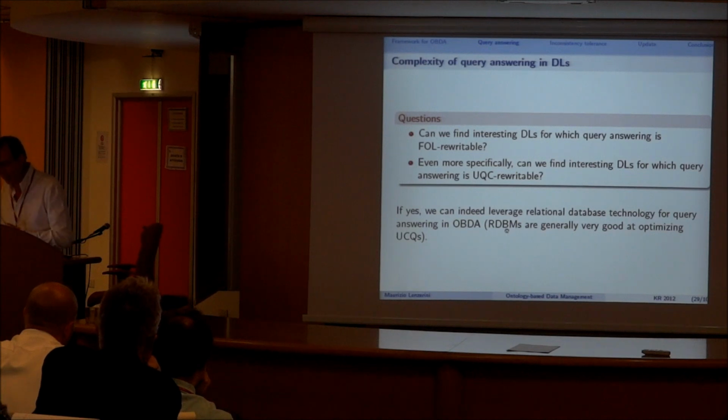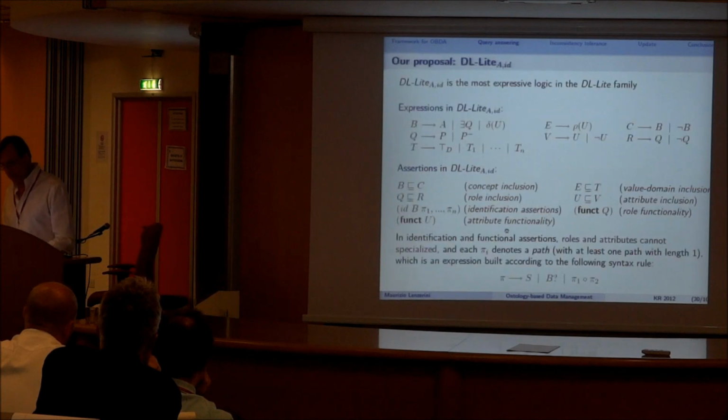Okay. Now the question that we were interested in answering was: can we find interesting description logics for which query answering is first-order rewritable, or even more specifically rewritable into union of conjunctive queries? That's the point. And what we did is to find an answer to this question. We introduced the family of description logics DL-Lite.